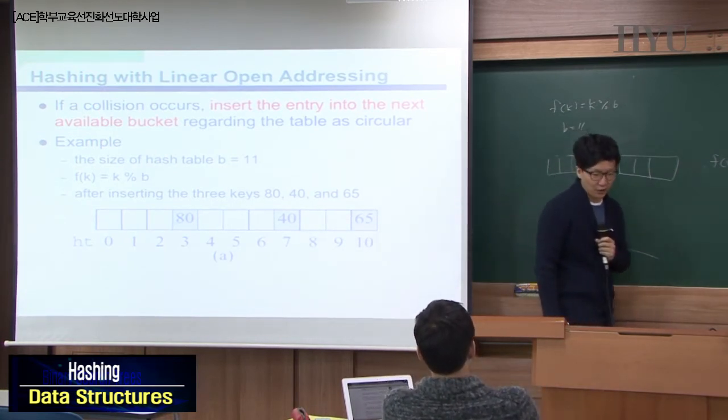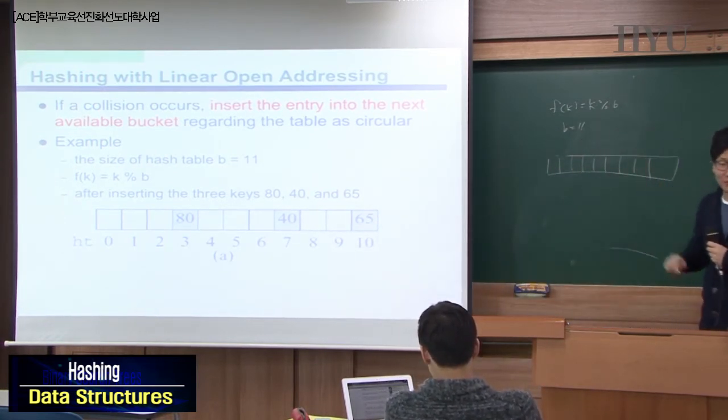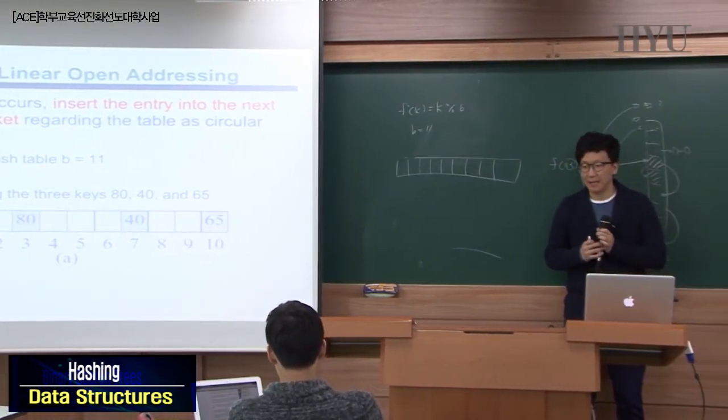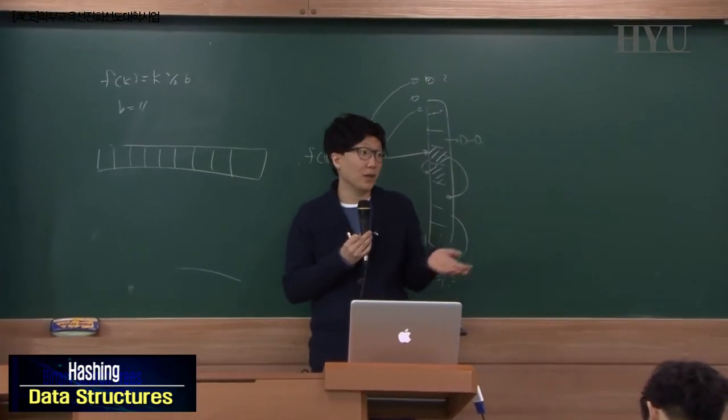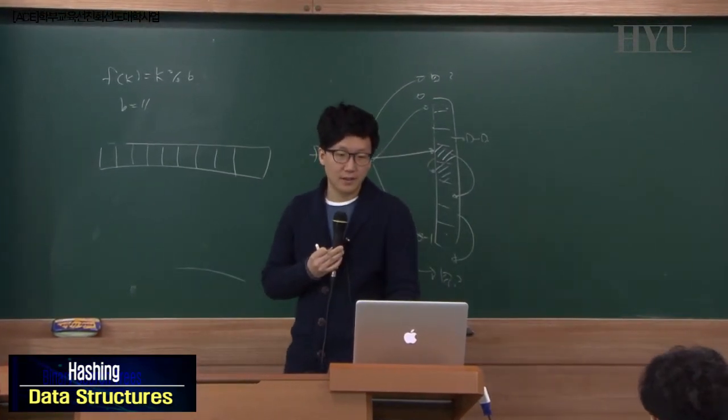I need a calculator to do this. This is fine. Everything is empty. Every home bucket that I found is empty, so I can simply store those in.